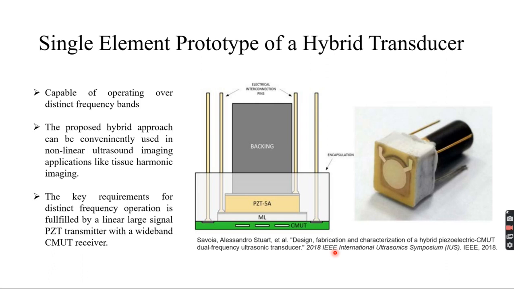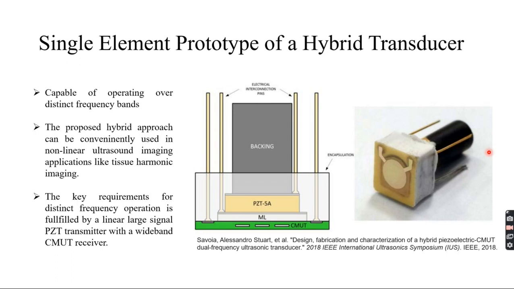Here is a single element prototype of a hybrid transducer that was first introduced back in 2018 in IUS. You can see that there is a single element CMUT that is bonded on top of a PZT having a quarter wavelength matching layer, and then there is a soft backing with alumina and tungsten filled material.